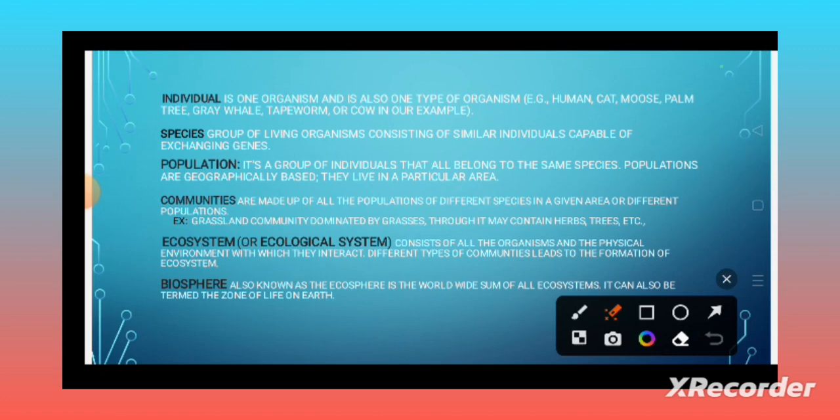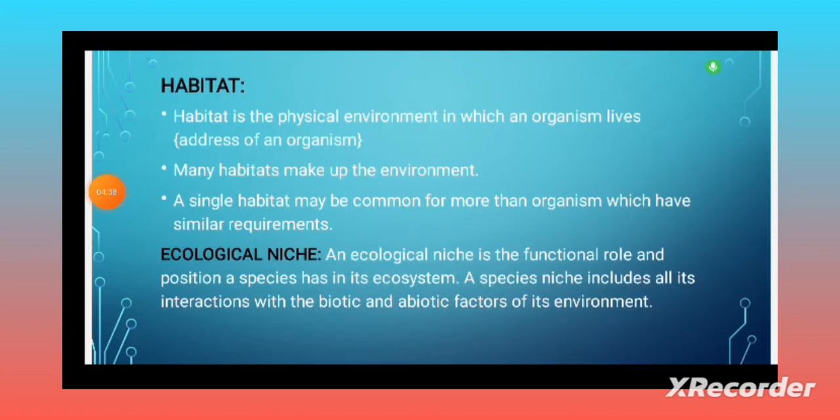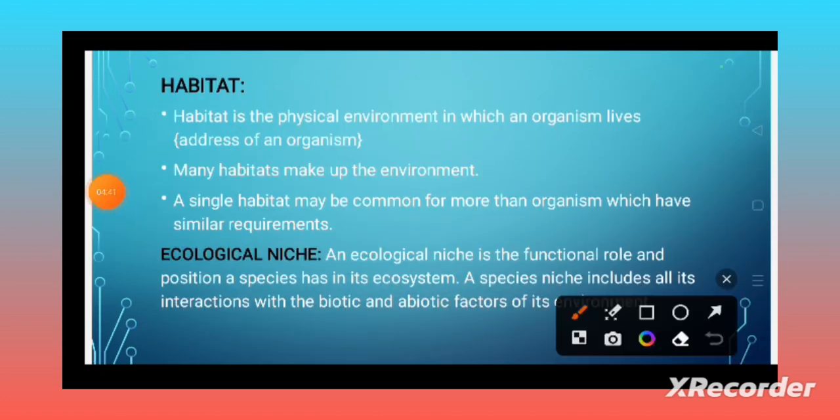And let's go to habitat. What is a habitat? The physical environment in which an organism lives is known as its habitat. It is also known as the address of an organism. And many habitats lead to the formation of an environment. The environment is made up of different habitats. The main point that differentiates habitat and ecological niche is that a single habitat may be common for many organisms.